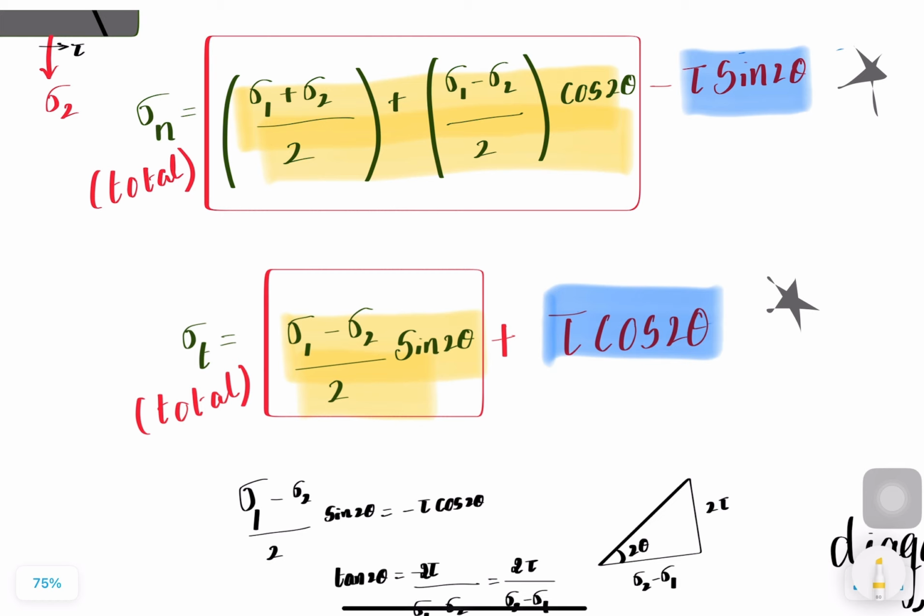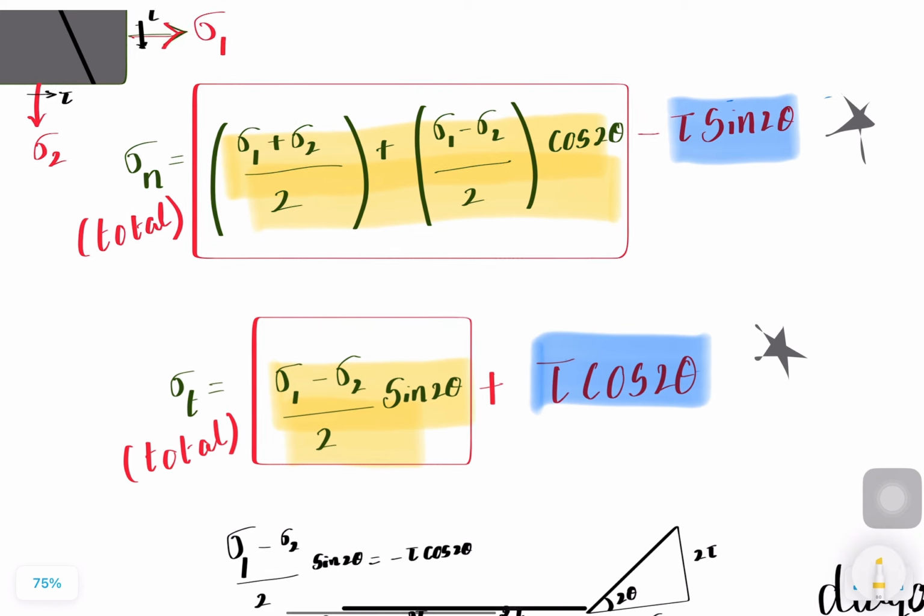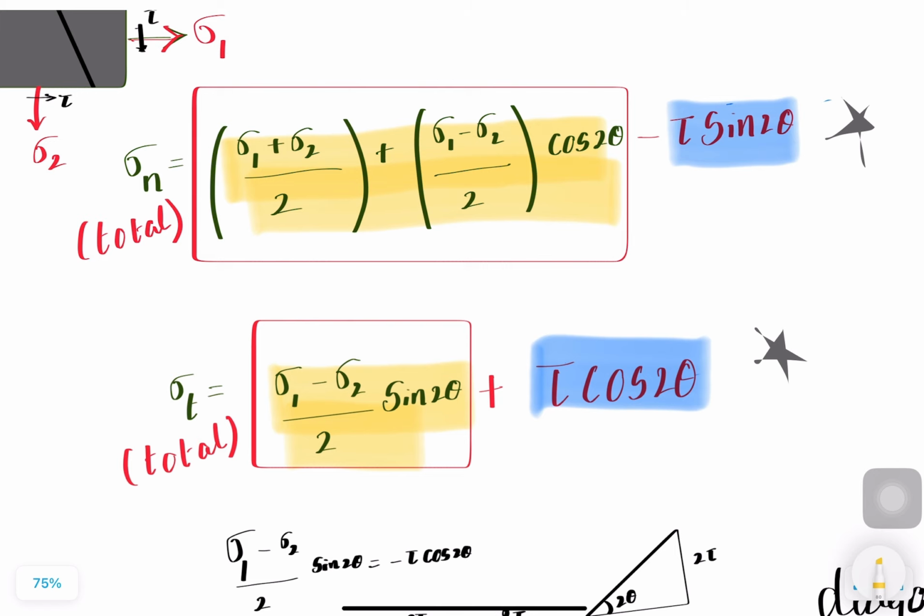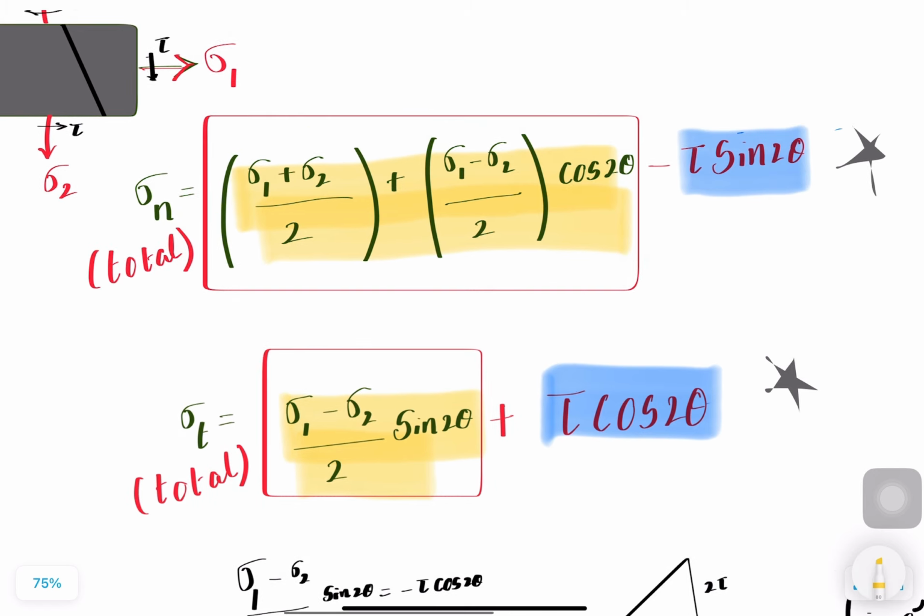Now, what we are interested in now is finding the maximum normal stress. So how do you do that? There are two ways by which you can find the maximum normal stress. One way is by using the concept of maxima and minima.